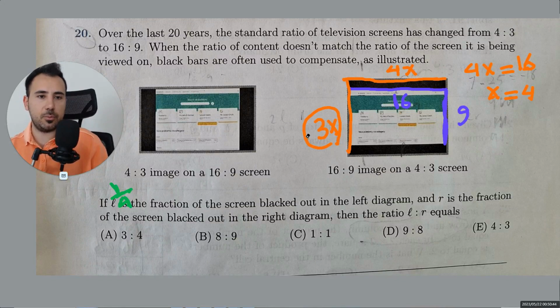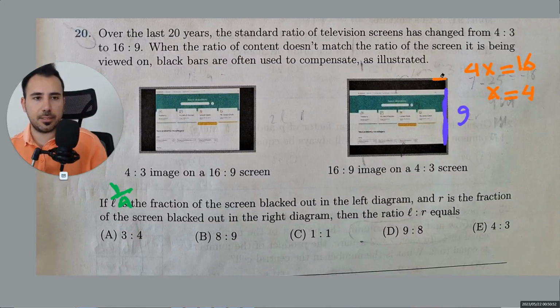So this side will be 12. Okay, now if this is 9, we had this 16. This one was 12. So from here to here, all of this is 12.